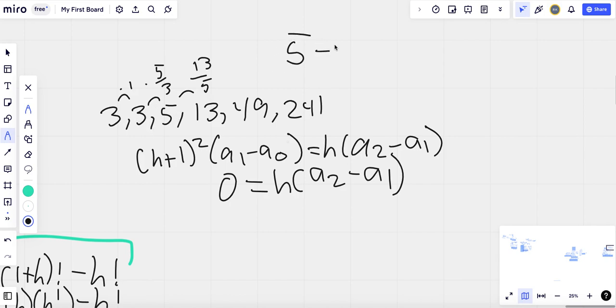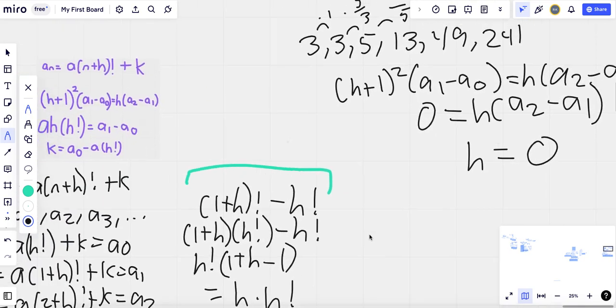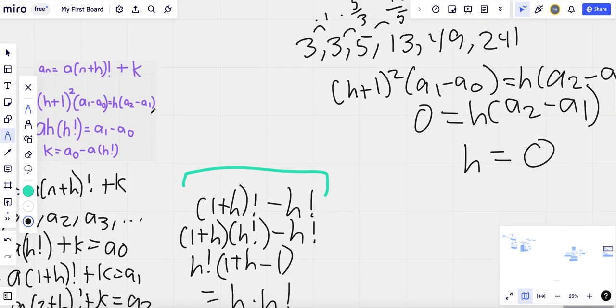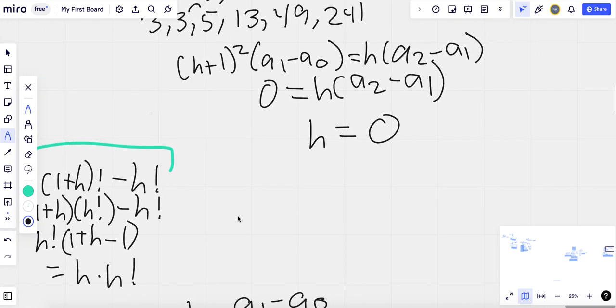Because 5 minus 3 is 2. So because a2 minus a1 is not 0, it means h has to be 0. So if we look at our formula, we now know that it's going to look like a times n factorial plus k, because h is 0.